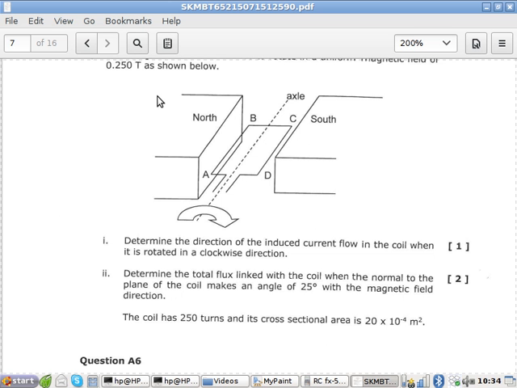Okay, do you have an answer though? You think so? Yeah, let's have a look here. So the formula, what is it? It's NBA cos theta. The N is 250. The B is a quarter. The A is given.